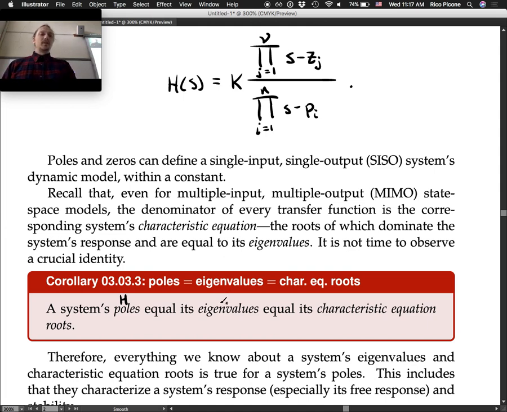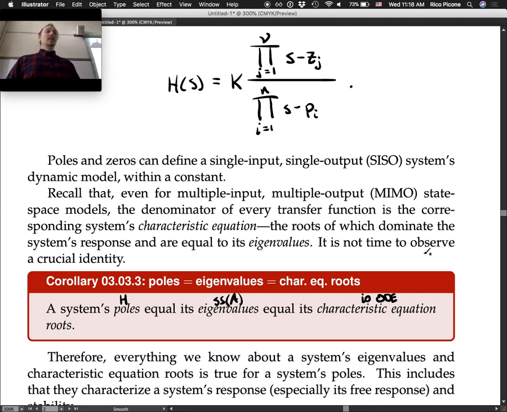Eigenvalues we've defined in terms of a system state space model. Specifically, we used the A matrix to find the eigenvalues. And the characteristic equation roots come from the input-output differential equation, right? Just the scalar input-output differential equation.